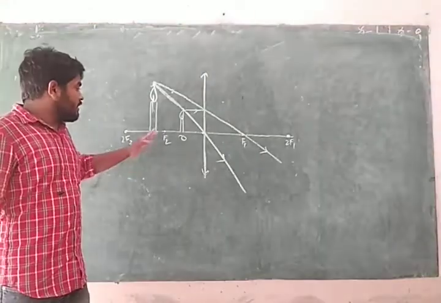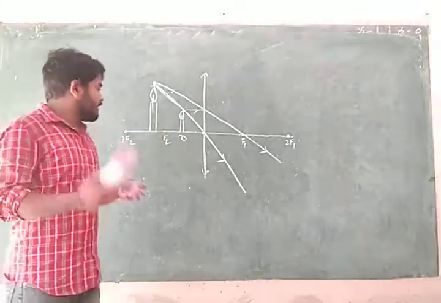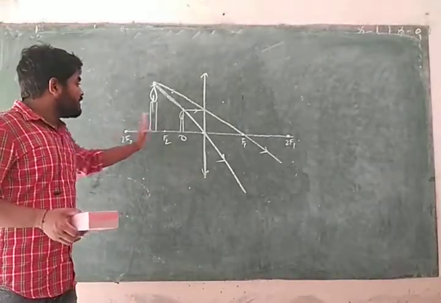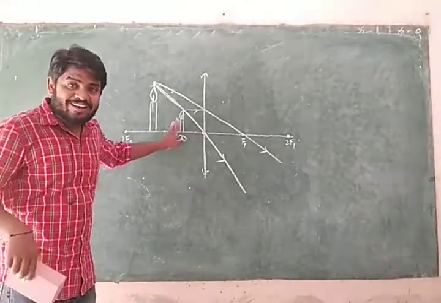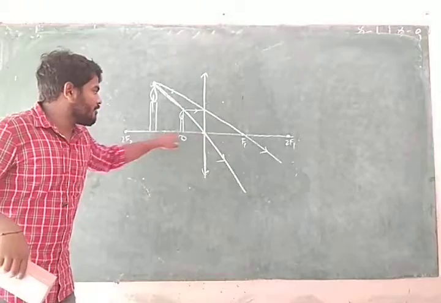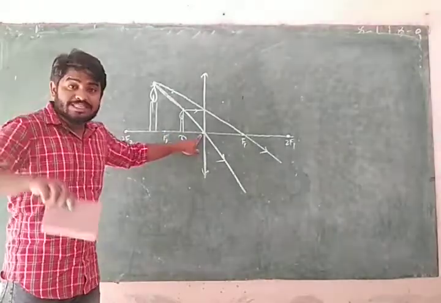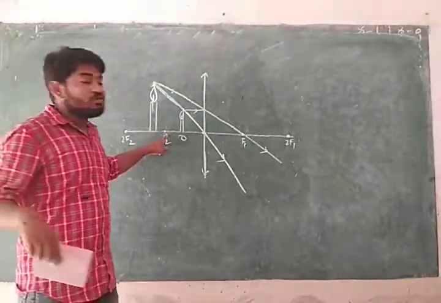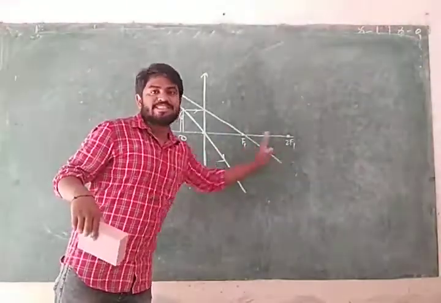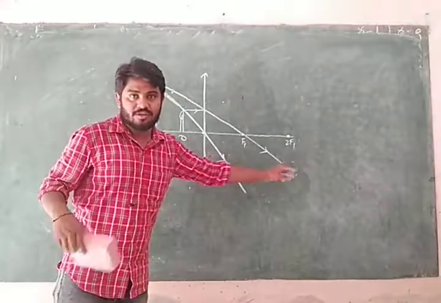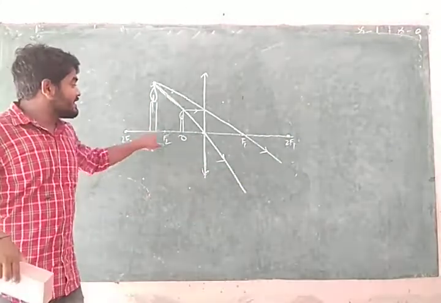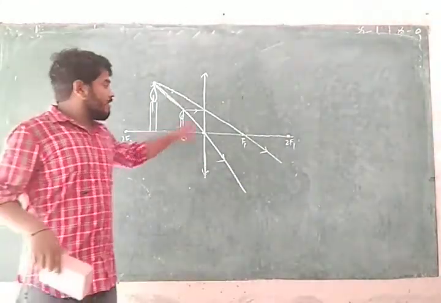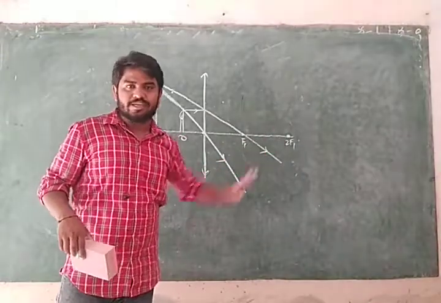When the object distance is greater than the focal length, this is the focal length, then the image is formed here, which is called a real image. When the object distance is equal to the focal length, you cannot see any image, it is at infinity.